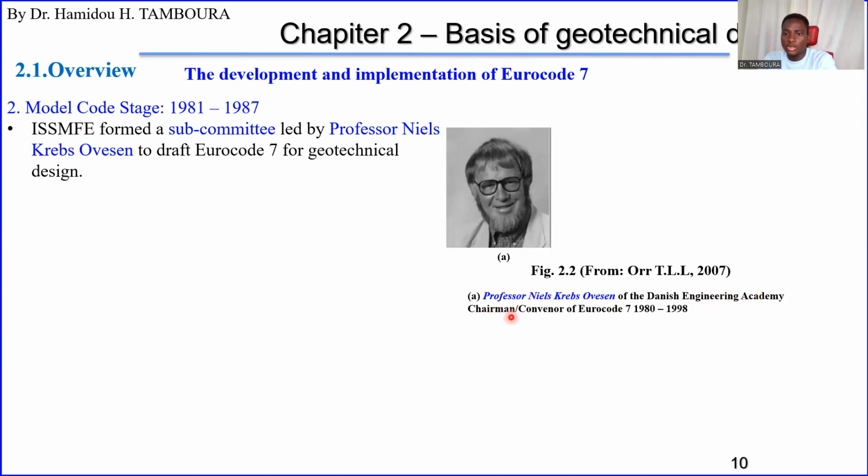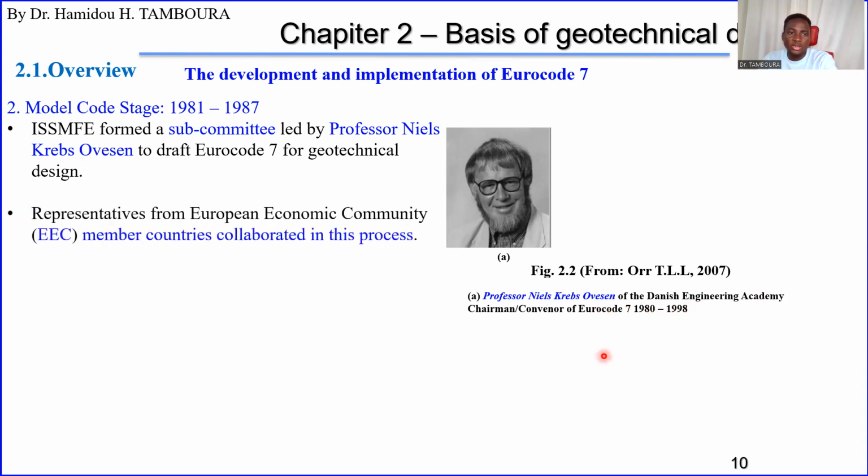So he was the chairman and convener of this Eurocode 7 committee from 1980 to 1998. This committee represented all the European Economic Community member countries collaborating in this process.